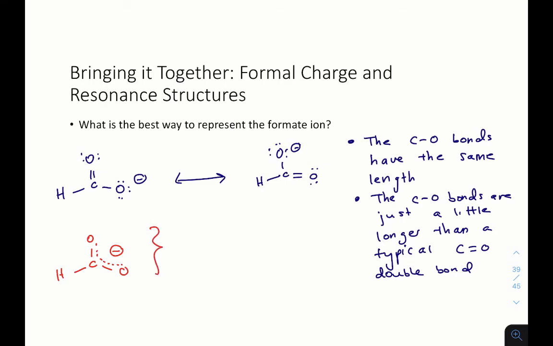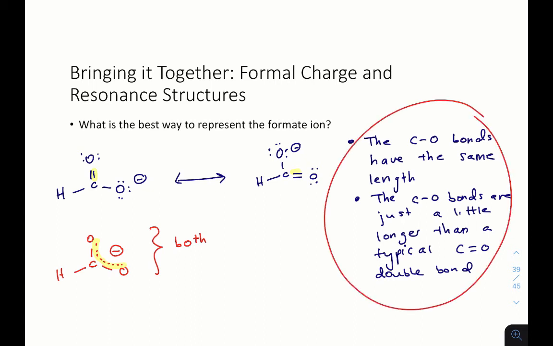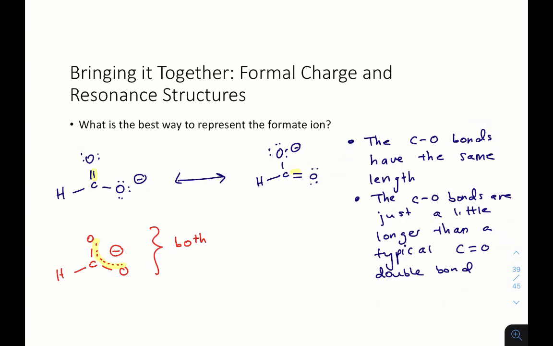We can show the electrons from the pi bond, the electrons in the double bond, spread out over all three atoms. That explains why both of the CO bonds have the same bond length, and those CO bonds are just a little bit longer than a typical carbon-oxygen double bond.